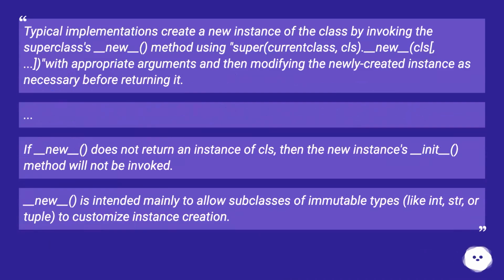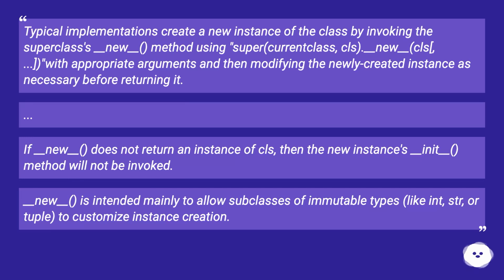To quote the documentation, typical implementations create a new instance of the class by invoking the superclass's __new__ method using super(currentclass, cls).__new__(cls[, ...]) with appropriate arguments, and then modifying the newly created instance as necessary before returning it.